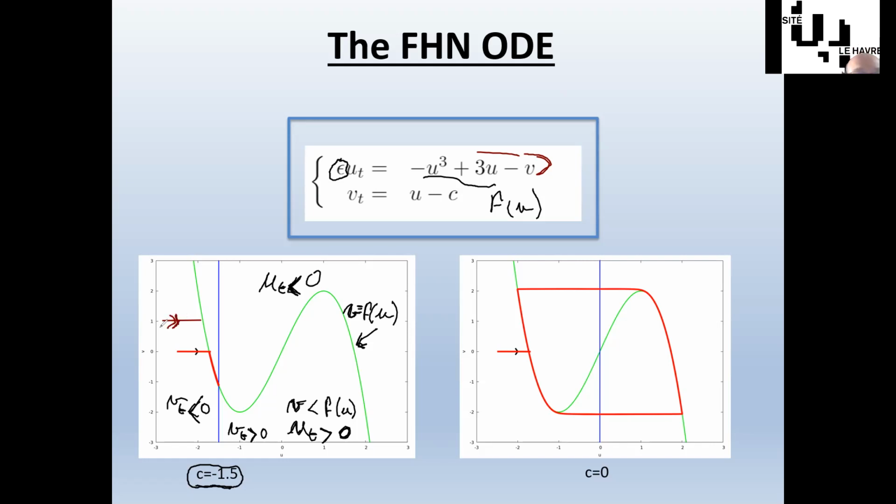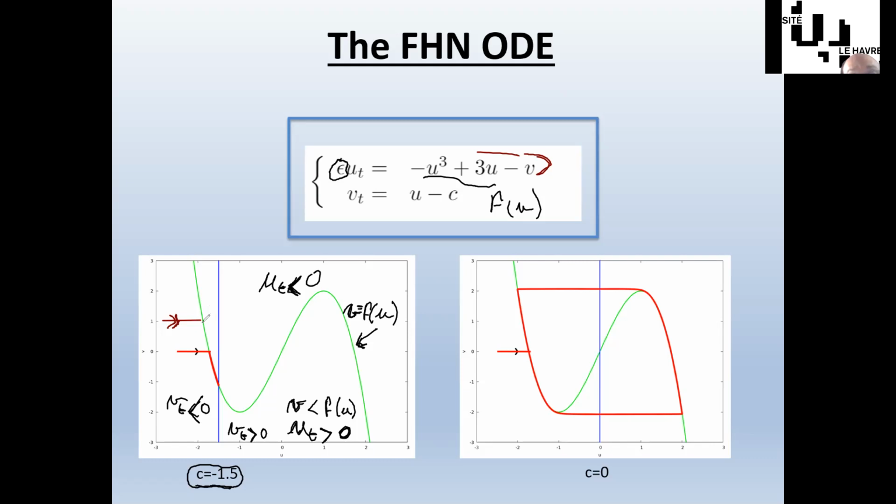So when I start with an initial condition here, I go very fast until I reach this curve where u_t is 0. So here u_t is 0, so I cannot go across, because then u becomes negative. So I'm stuck here.